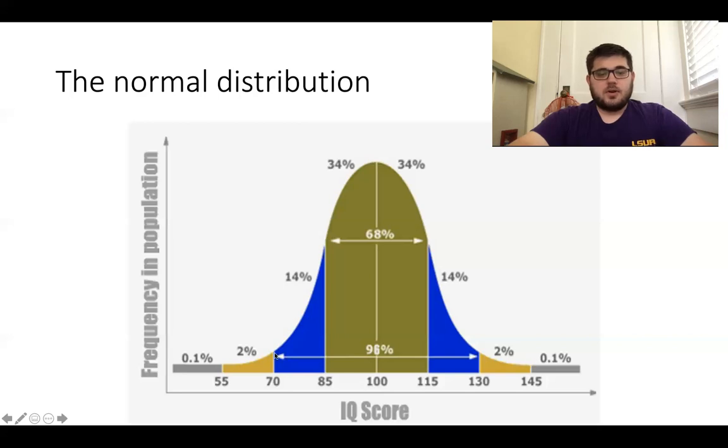Someone with an IQ of 70 would be very rare. That'd be like flipping a coin 10 times and getting 9 heads out of 10 or 1 head out of 10. It's possible, but unlikely. And the normal distribution is just one of the many ways to represent the relative likelihood of different observations.